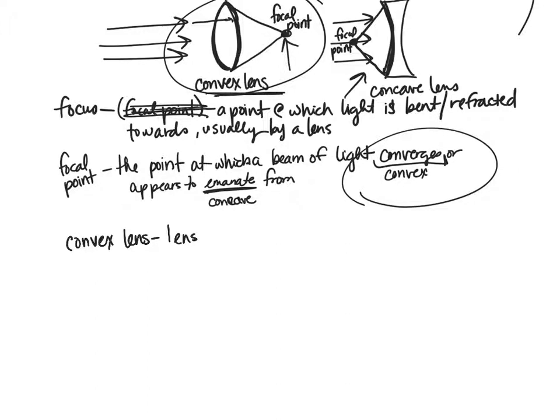And this causes magnification of the image. So lens with a focal point past the lens, causing the light to bend inward.